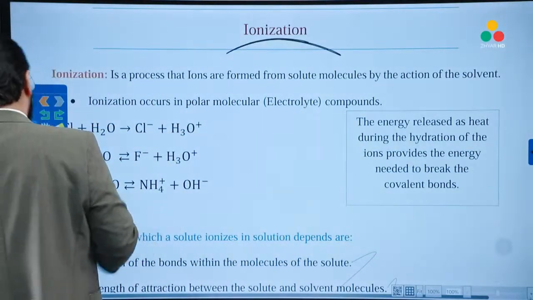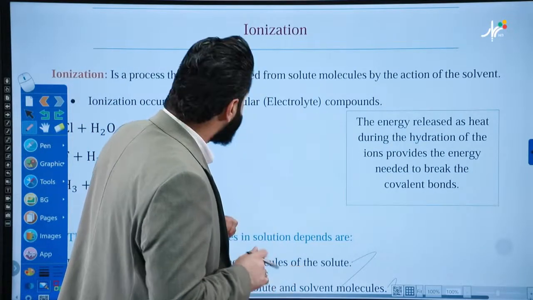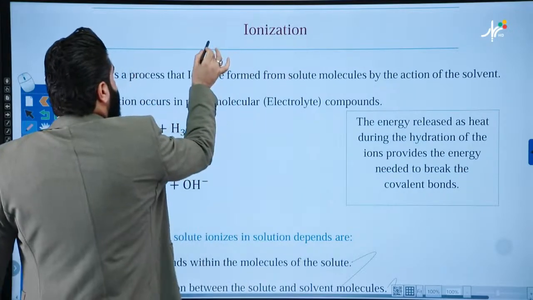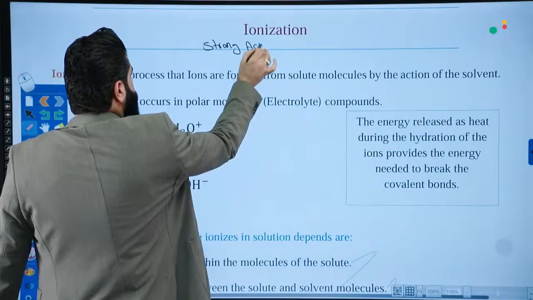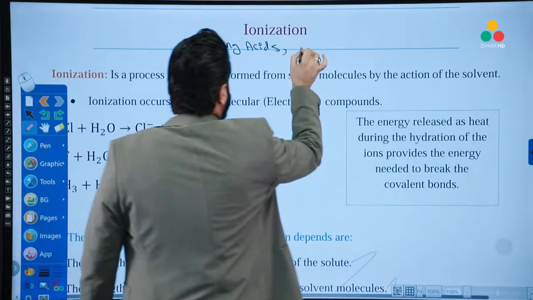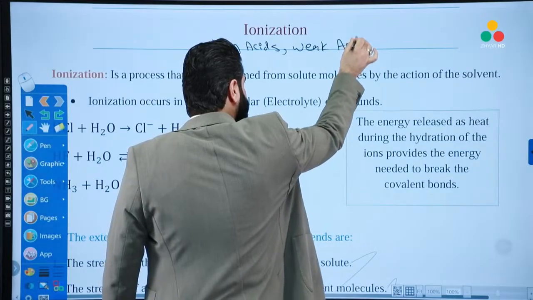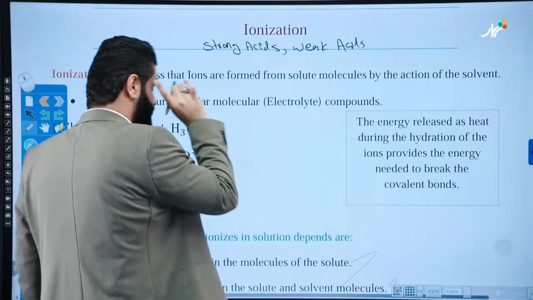From now on, anytime you see which of the following ionizes in water, just say, Mr., I need the following classes. Either strong acid or weak acid. Aha, there's another class. Don't forget that one.